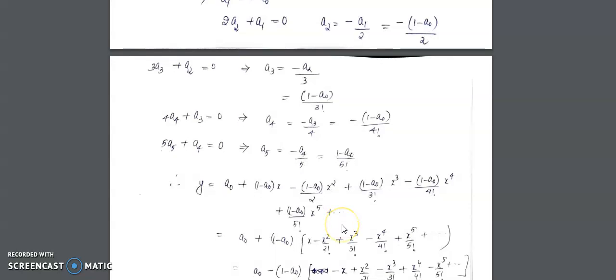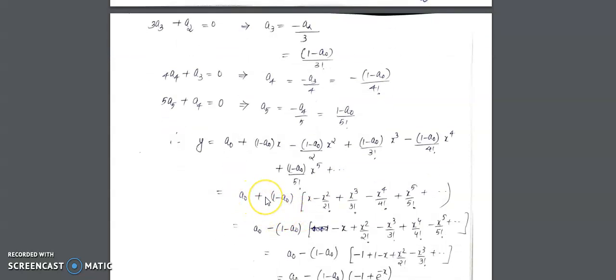So that is a0 plus 1 minus a0 into the remaining series: x minus x square by 2 factorial plus x cube by 3 factorial minus x raised to 4 by 4 factorial plus etc.